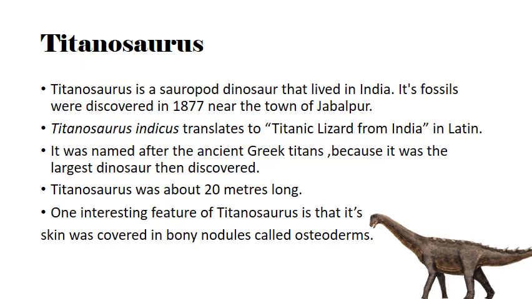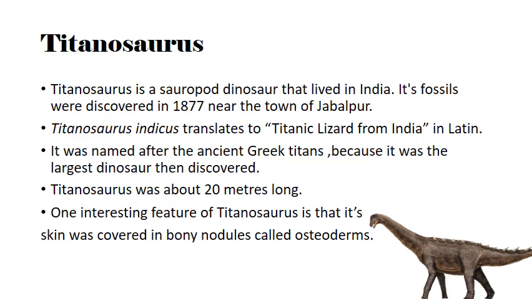Its full name is Titanosaurus indicus, which translates to the Titanic lizard from India in Latin. It was named after the ancient Greek Titans, powerful beings with powers like gods, because it was the largest dinosaur then discovered.